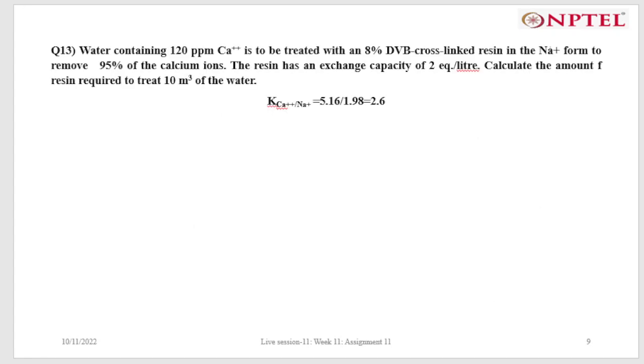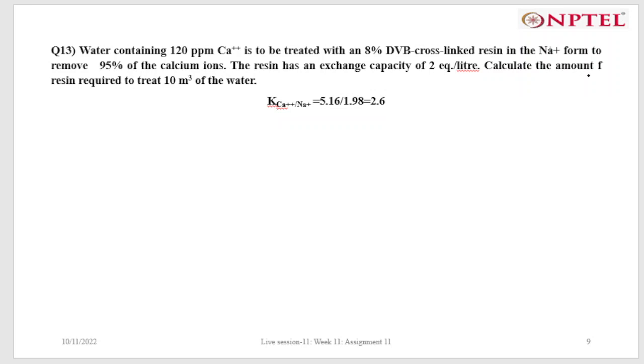Moving to the last question, 13. Statement given: water containing 120 ppm calcium ions is to be treated with the 8% DVB cross-linked resin in the Na plus form to remove 90% of the calcium ions. The resin has an exchange capacity of 2 equivalent per liter. This is the concentration, you can see normality.